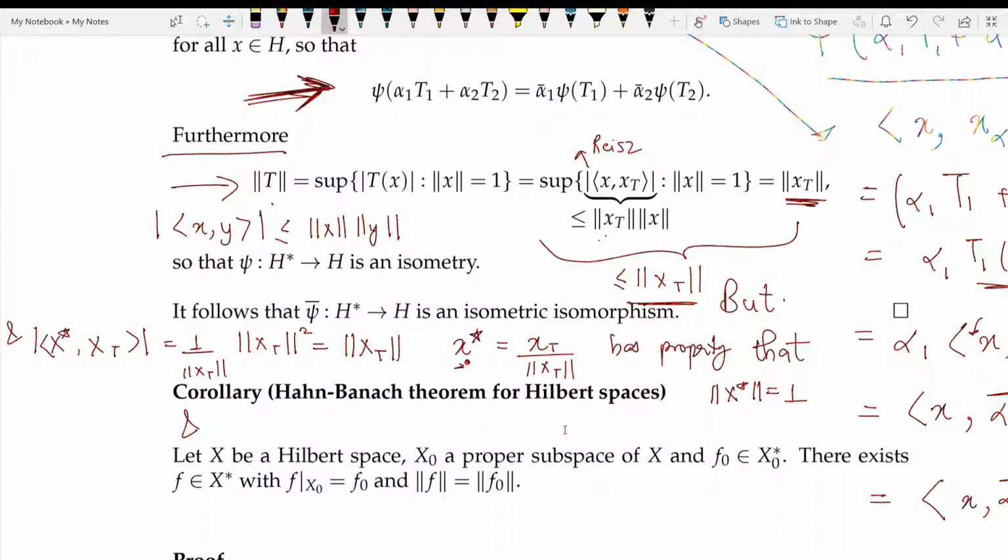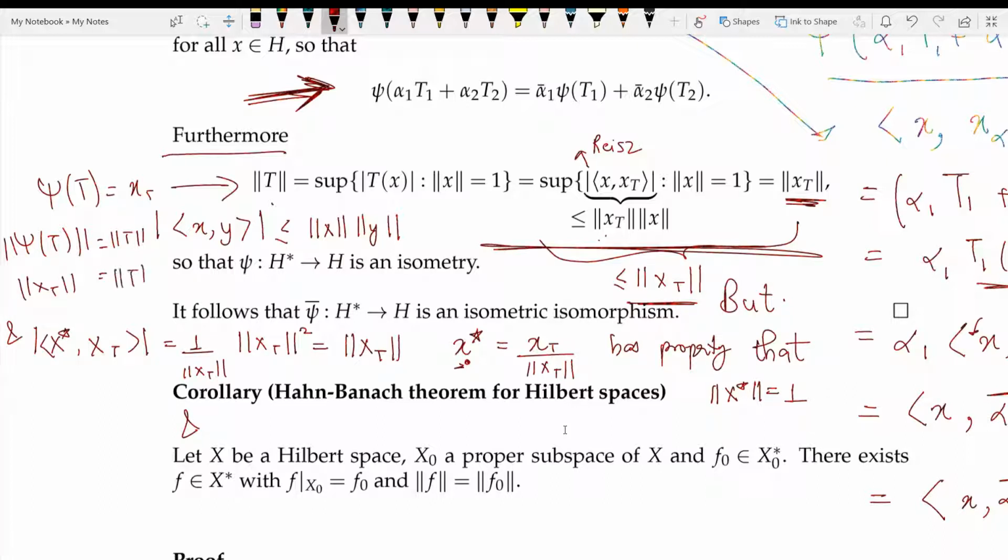So now once I have this property, I can prove that norm of psi t is equal to norm of xt, which is equal to the norm of t, and thus I have the property of isometry. So psi from h star to h is an isometry, and it follows that psi is an isometric isomorphism.